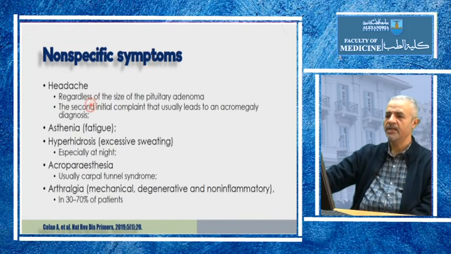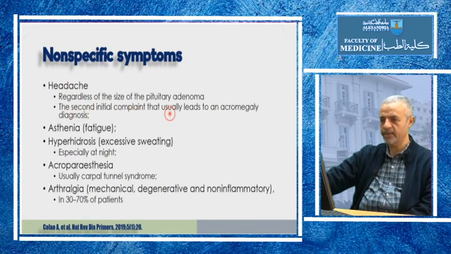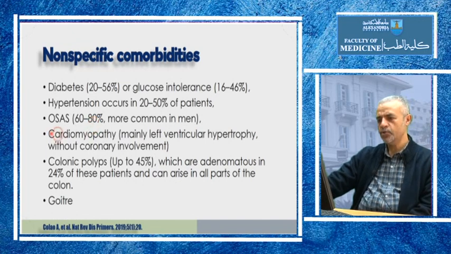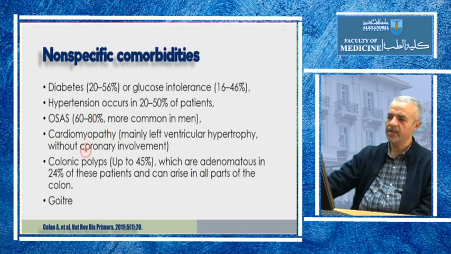This includes headache, which is the second most common initial complaint in a patient with acromegaly, asthenia, hyperhidrosis, paresthesia in the extremities, most probably with underlying carpal tunnel syndrome, arthralgia, which may affect up to 70% of the patients, diabetes and impaired glucose tolerance, which may affect up to half of the patients, hypertension, again up to half of the patients, obstructive sleep apnea affecting up to 80% of the patients, cardiomyopathy, which is characterized in acromegaly by not involving the coronaries, colonic polyps in up to 45% of the patients, most of which are adenomas, not tumors.